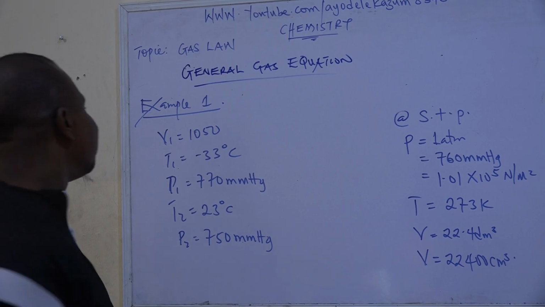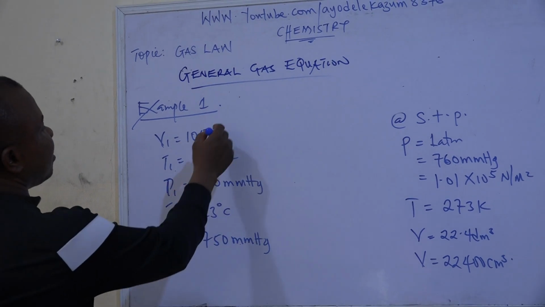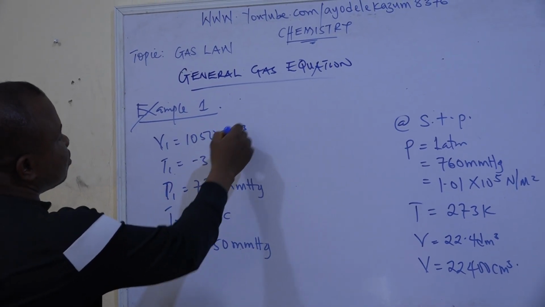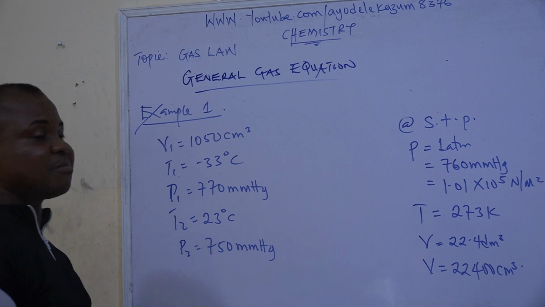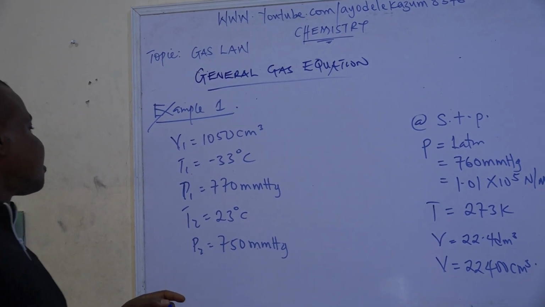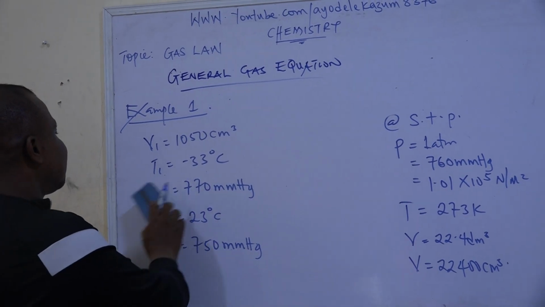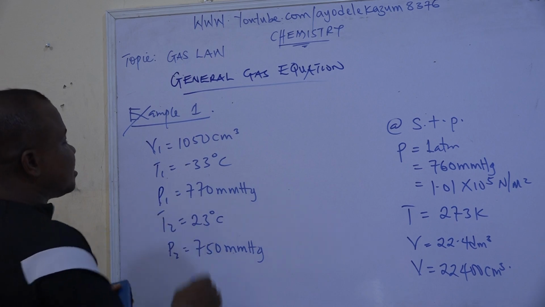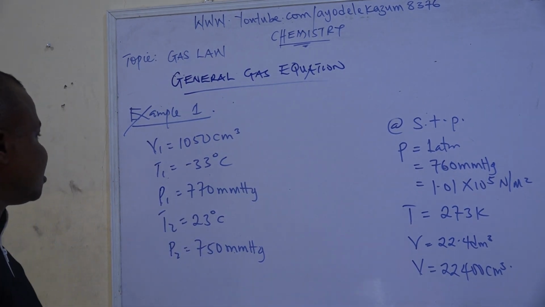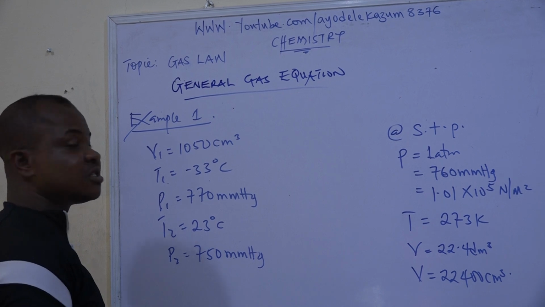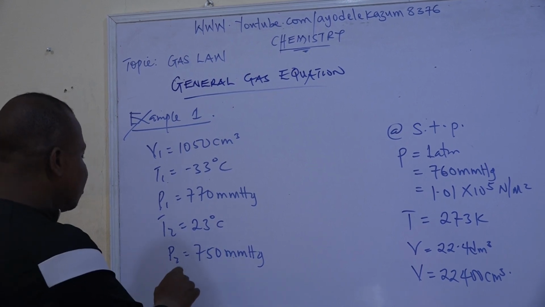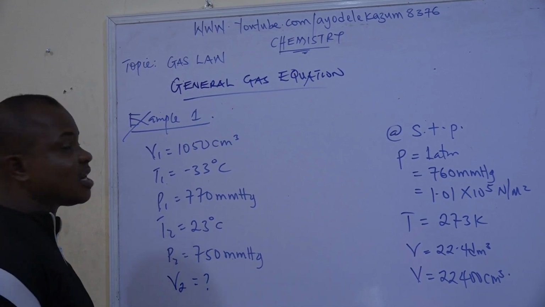Now we are looking for volume. We have our initial volume to be 1050 cm cubed, our initial temperature to be minus 33 degrees C, and our initial pressure to be 770 mmHg. Our pressure is reduced to 750 and your temperature is 23 degrees C. So we are looking for V2. How do we attack this situation?